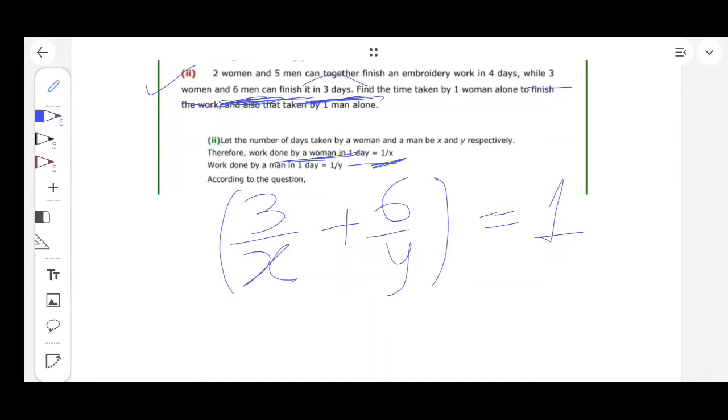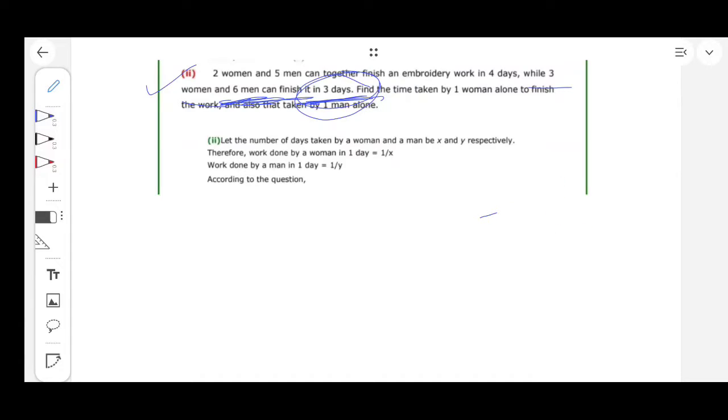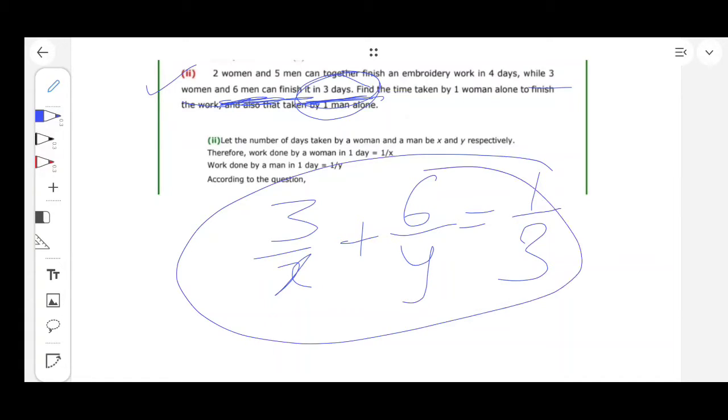Days are given here in the second condition, 3, so multiply by 3. Now again we can shift these 3 to the right hand side. Let's see, the equation would be converted like this. 3 upon x plus 6 upon y is equals to 1 by 3. This one is the second equation.